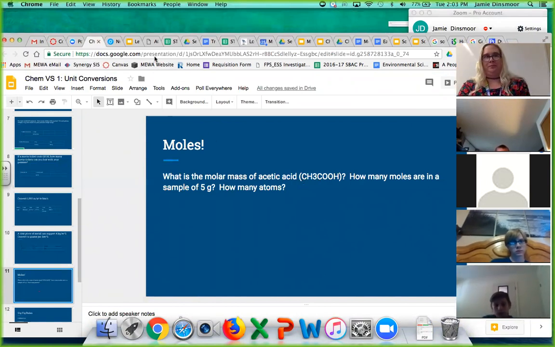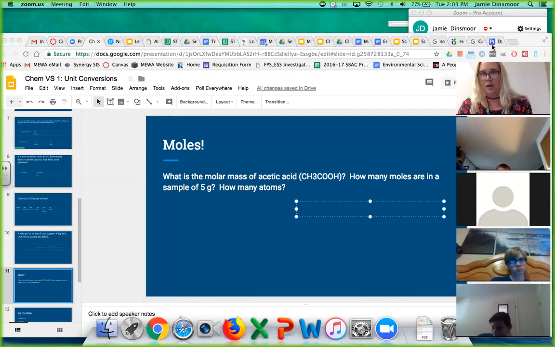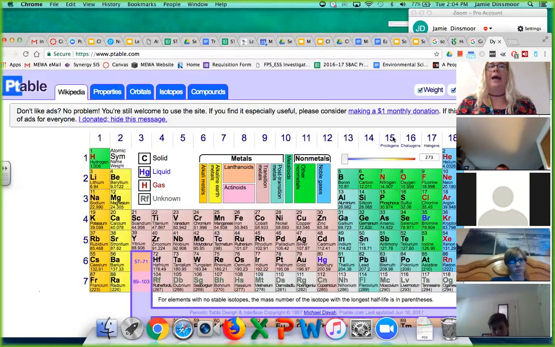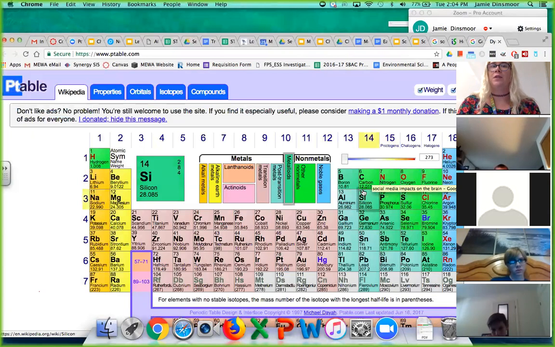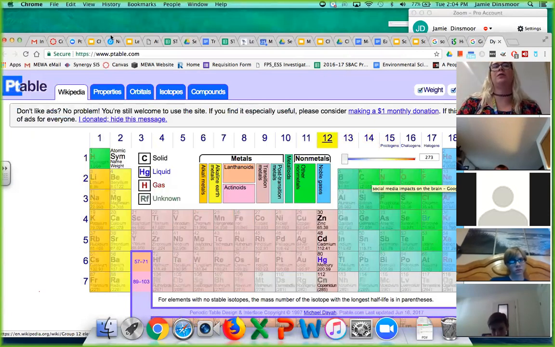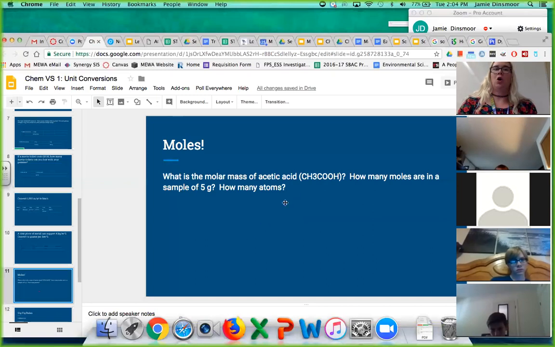So for example, carbon, if we go to our periodic table, I have a lot of tabs open, I know, I have a tab closing issue, and we find carbon, right? We see carbon's mass is 12.011. In this case, we'll not round, but in other cases, you may end up rounding.